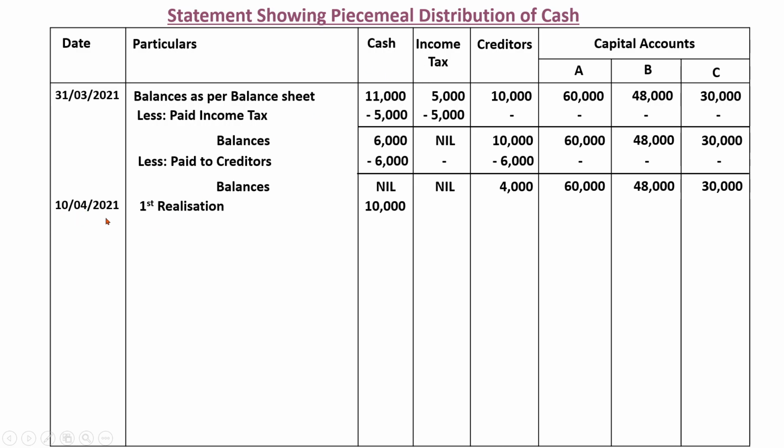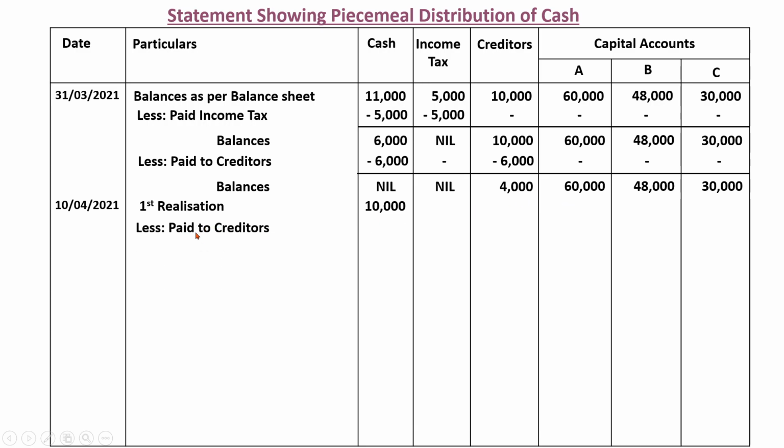Now, on 10th April 2021, first realization and our amount available from first realization is 10,000. Okay, and we know that in third party liabilities we need to pay rupees 4,000 to creditors, because we have paid only 6,000 rupees to the creditors. Now we have 10,000 rupees, so out of 10,000 rupees we can pay 4,000 rupees to the creditors.